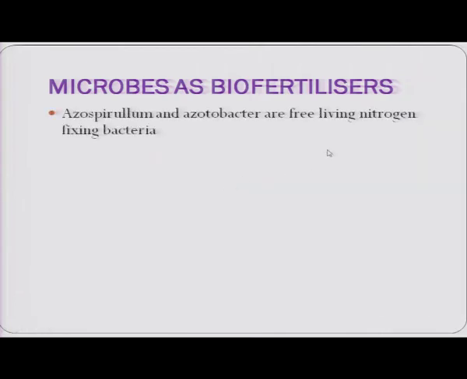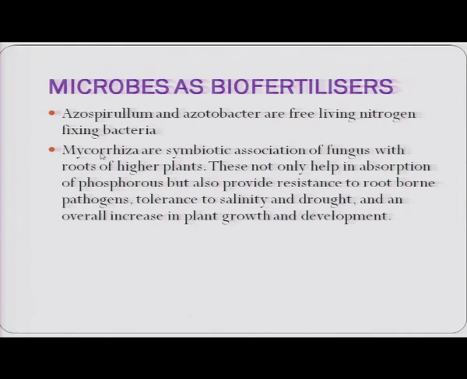Other examples of free living nitrogen fixing bacteria, if you do not want to grow the plants, you can use these free living nitrogen fixing bacteria, Azospirillum, Azotobacter. Again, there are certain fungal filaments which are present in association with the roots of higher plants, and this symbiotic association of fungus with the roots of higher plants are known as mycorrhiza.